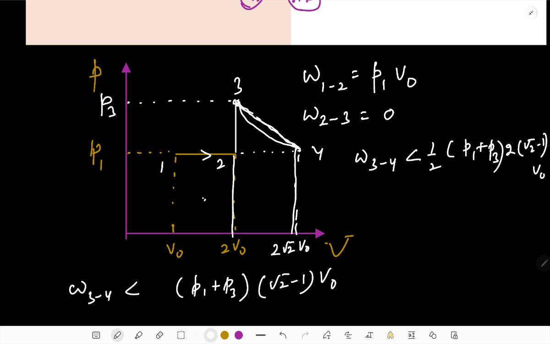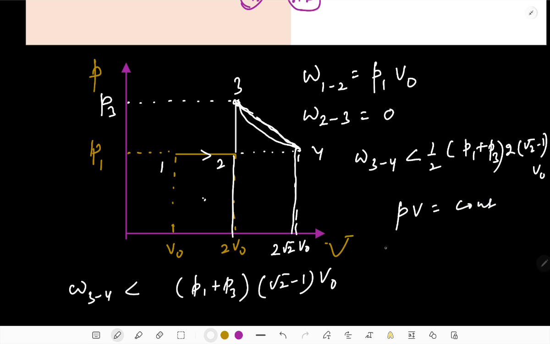And now what can I do is the problem. I know the 3 to 4 process is an isothermal process. That means the equation for this will be PV equals constant.